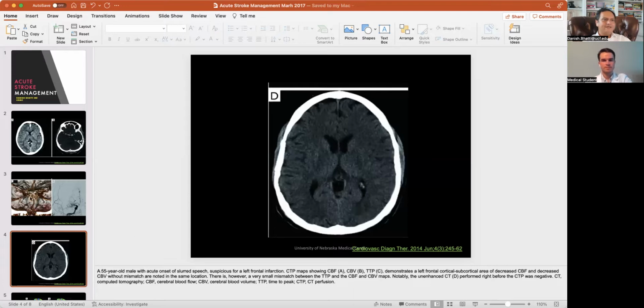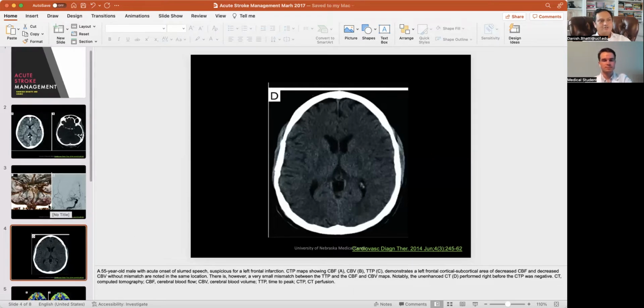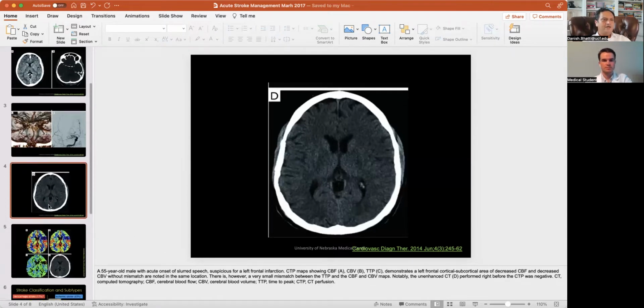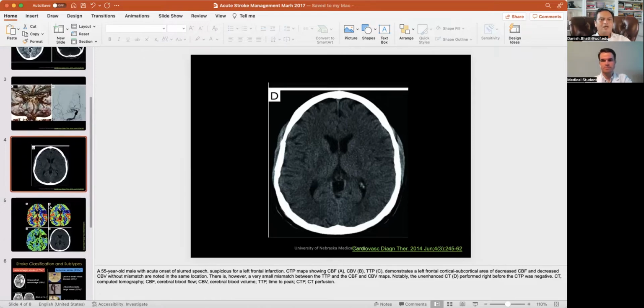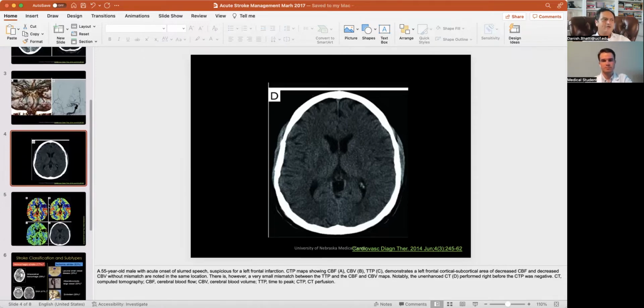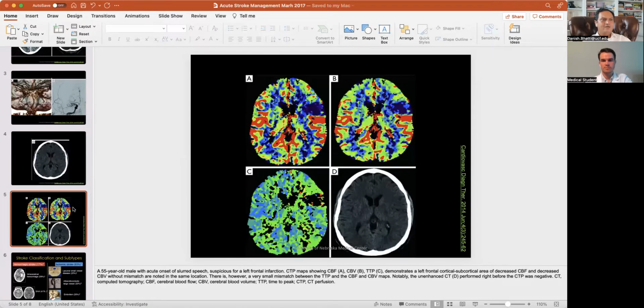Here is another example of a CAT scan, which is essentially normal. Again, there is a start of a stroke, but again, this is too early and it's isodense and it's not able to tell very well. But then there is a modification of a CAT scan, which is called perfusion diffusion studies. So you do diffusion on a CAT scan, that is, how is water diffusing from one area to the other.